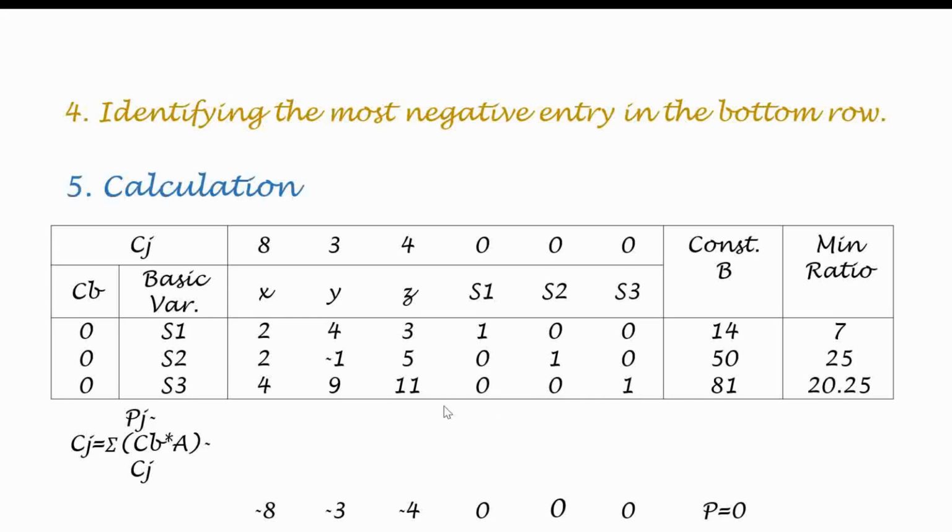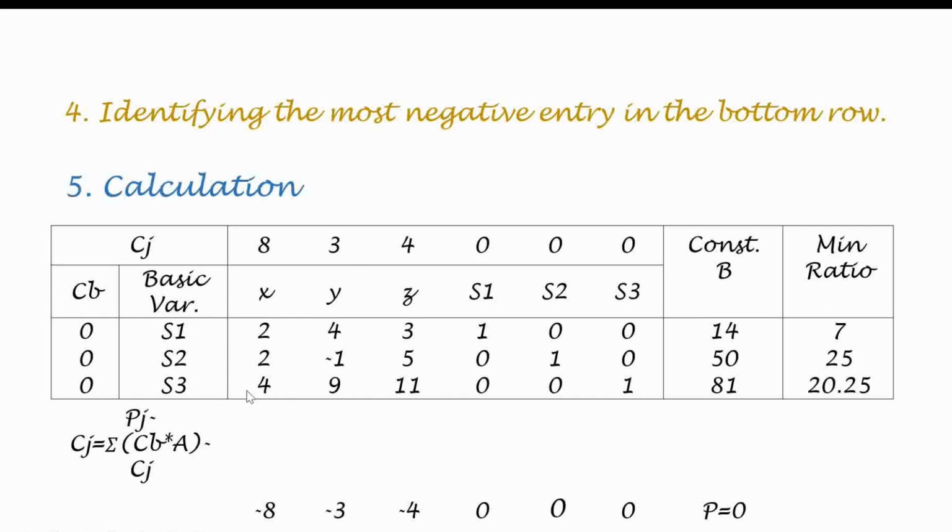So here, this column -8, it has the highest negative value. So it is our key column. We need to identify our key column, and we need to identify our key row to do the second part of our calculation. Okay.